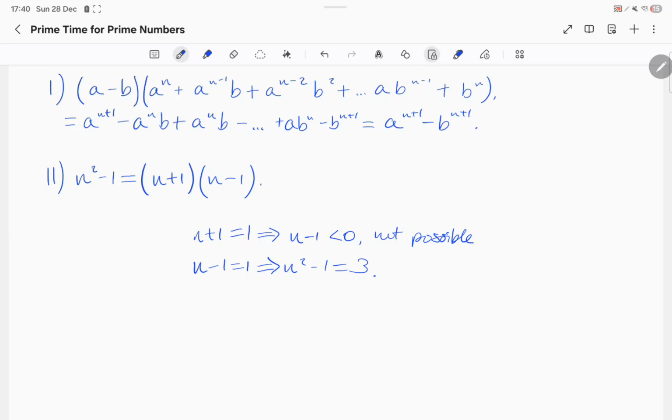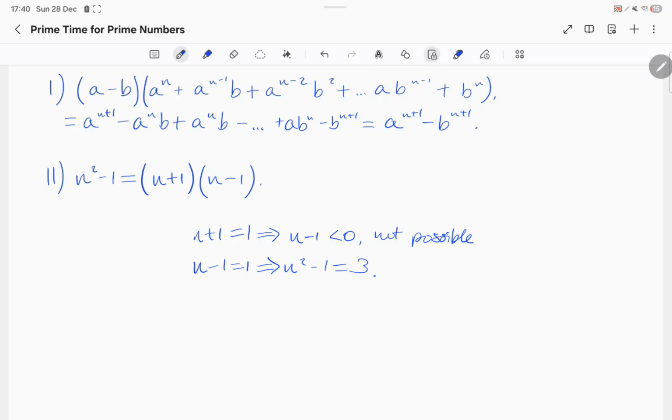Now we'll move on to part 2. We're looking for a prime number that satisfies the form n^2 take away 1. We can factorize this to get (n + 1)(n − 1). Now we'll set each factor to be alternately equal to 1, as this is what gives us a prime number.